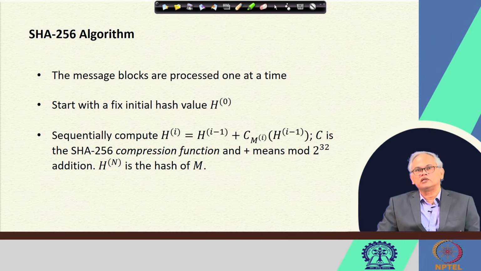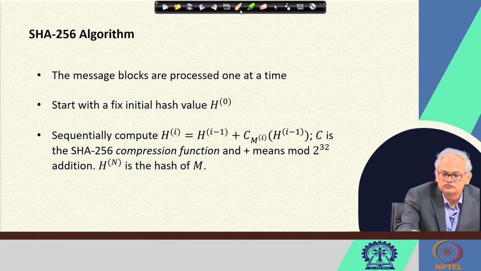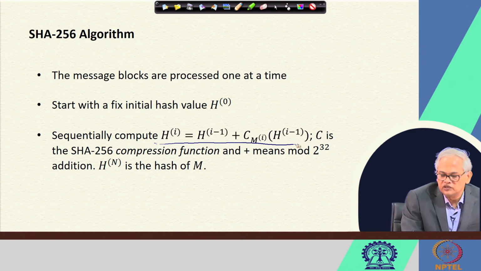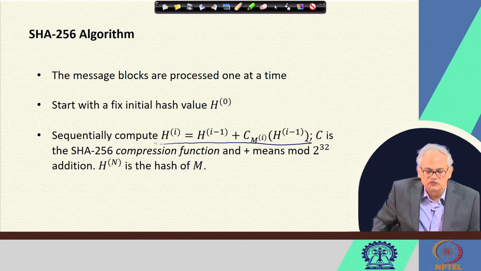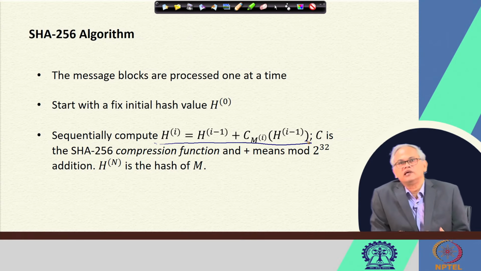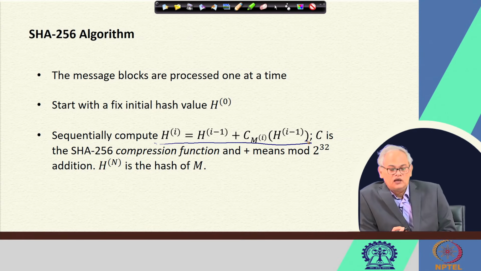And now we are generating the hash value, and this is done sequentially, as we can see in this particular step, that Hi is computed from Hi minus 1, and then we apply this C of Mi and Hi minus 1.